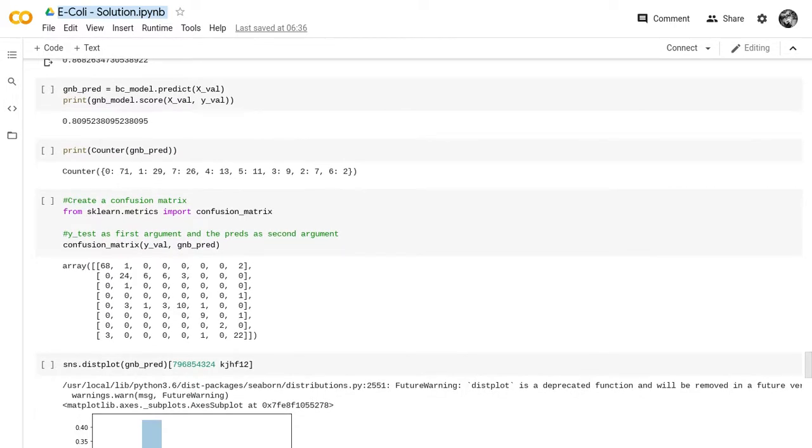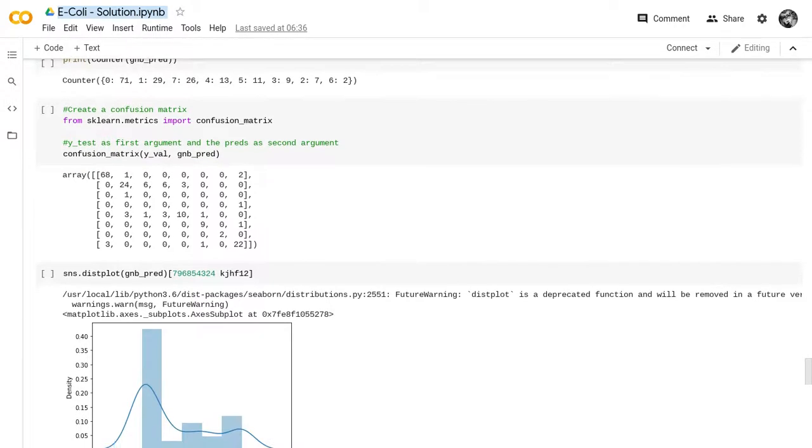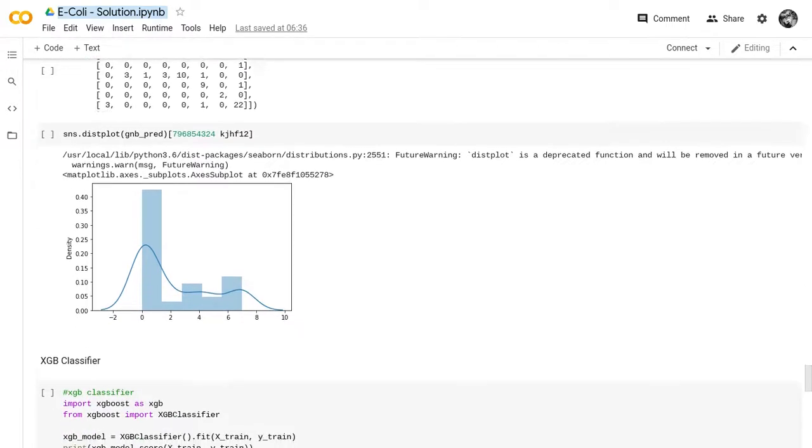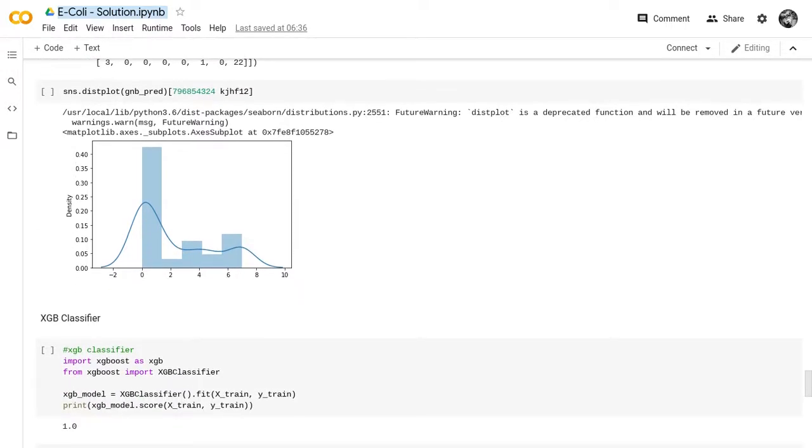I put it on the counter, and it picked up all 8 examples of the class. And then I put it on the confusion matrix, and it picked up all 8 of the class in the confusion matrix. We did a plot, and it picked up all 8 in the plot. So that was a good solution.